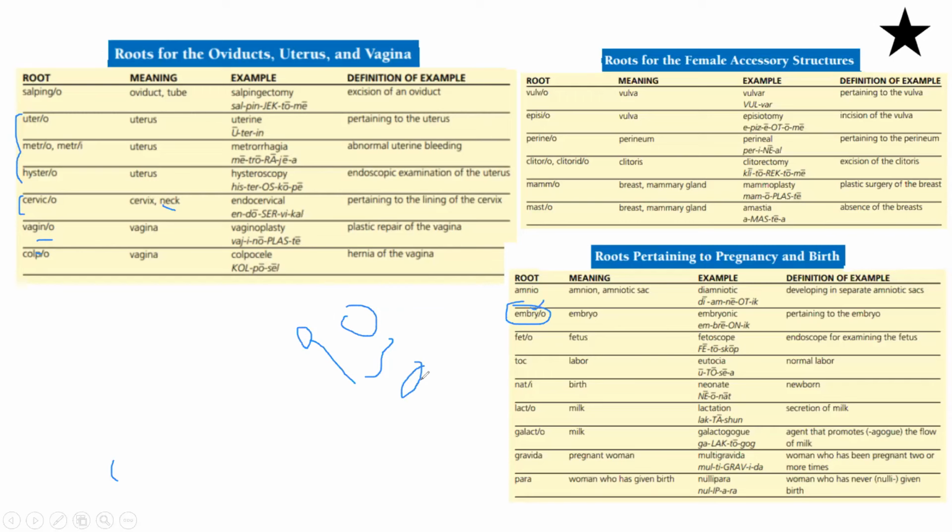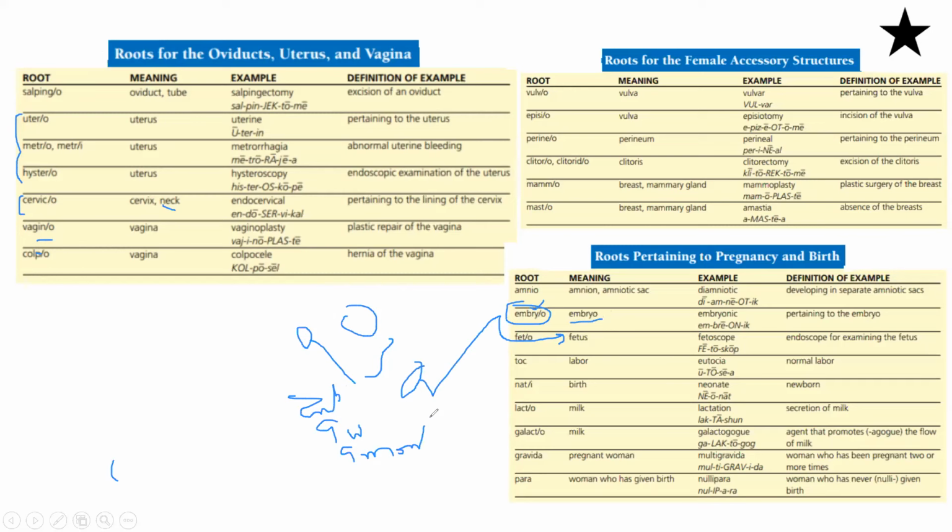Then it will develop into fetus. So up to 2 months, 8 weeks, we call it embryo. Then after 9 weeks to 9 months, before birth, we call it fetus.